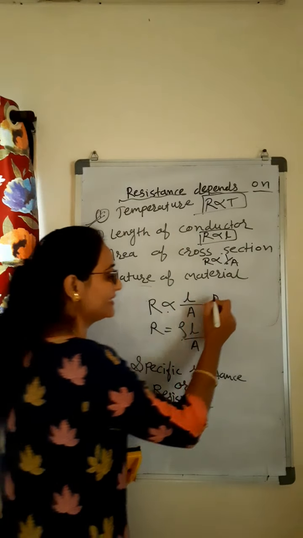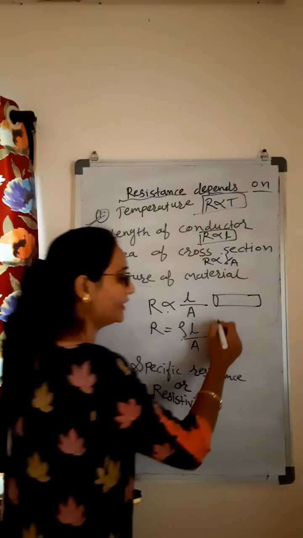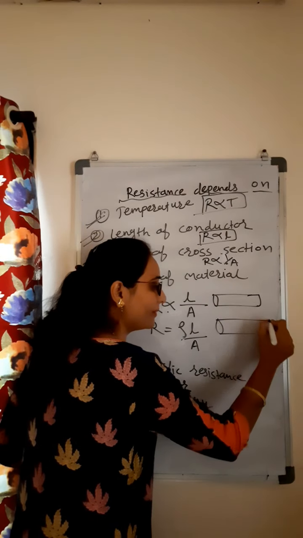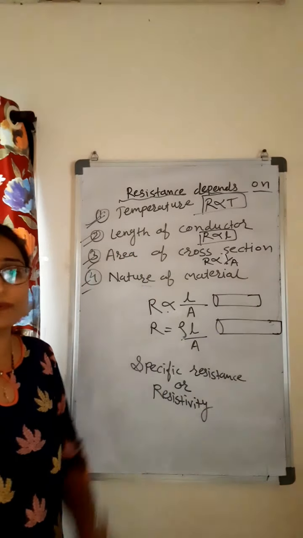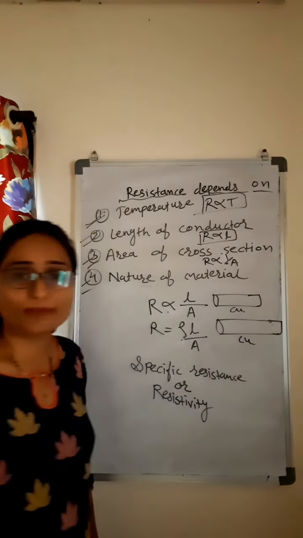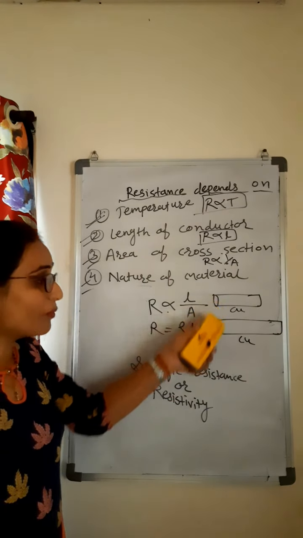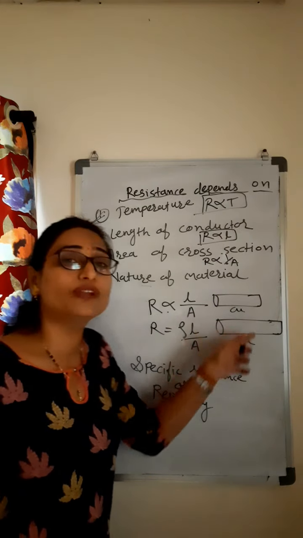So suppose I am taking one copper wire, and this is another copper wire. Suppose the length of this copper wire is more than this copper wire, but this is also made up of copper. So both will have the same resistivity, though they will have different resistance.